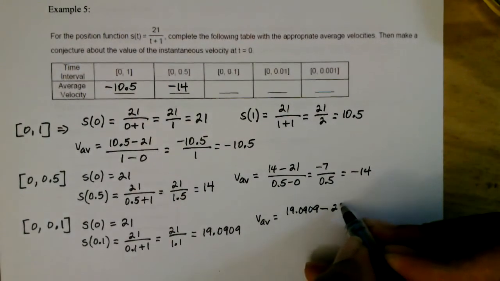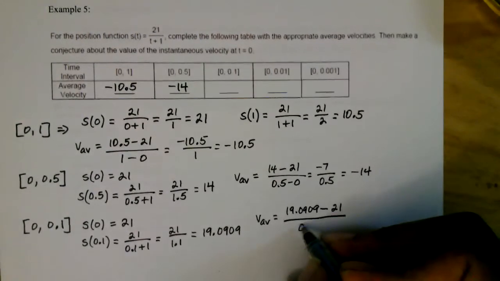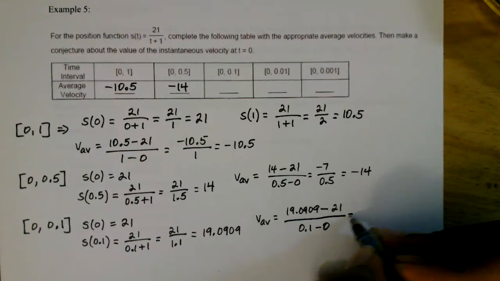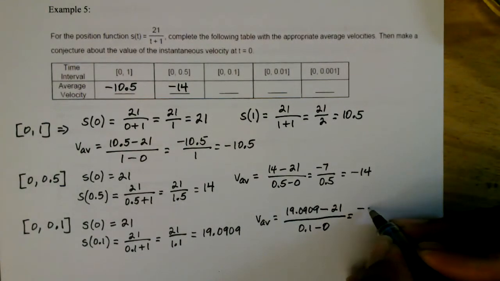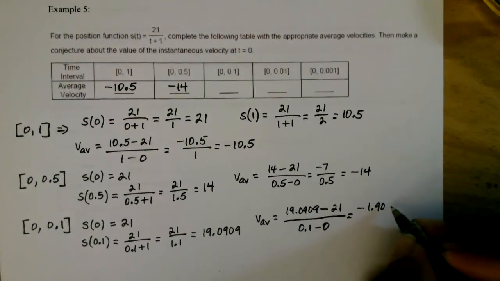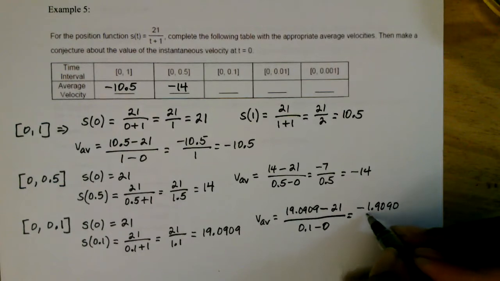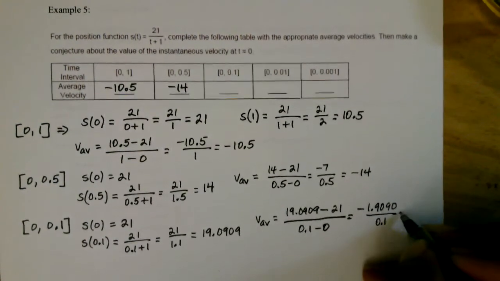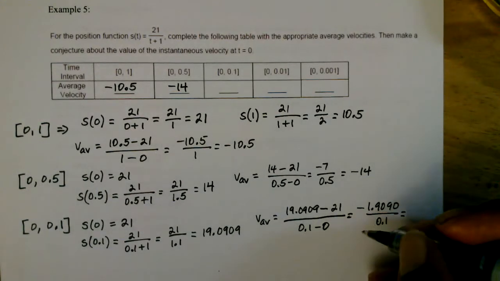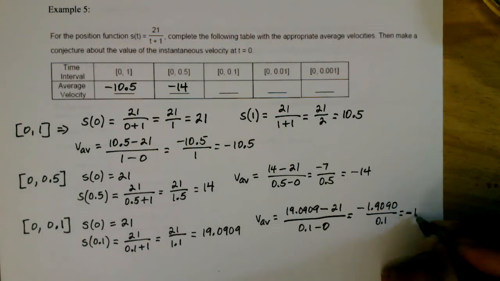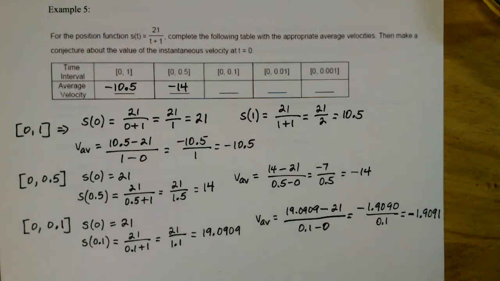minus S of 0, that's 21, divided by b minus a, 0.1 minus 0. So here I'm going to get something like a negative 1.9090 divided by 0.1. I'm saying negative 1.9091.